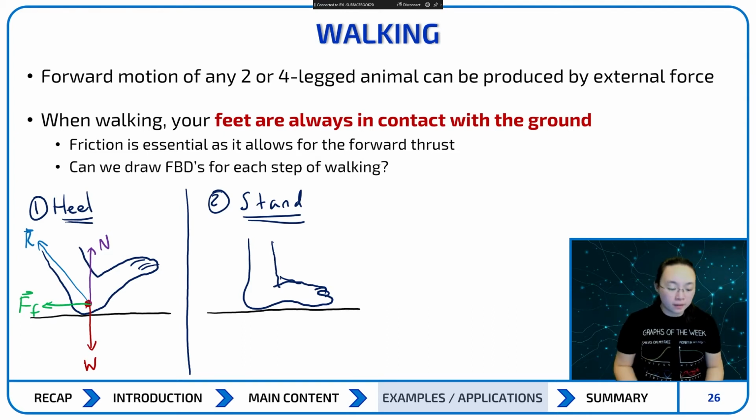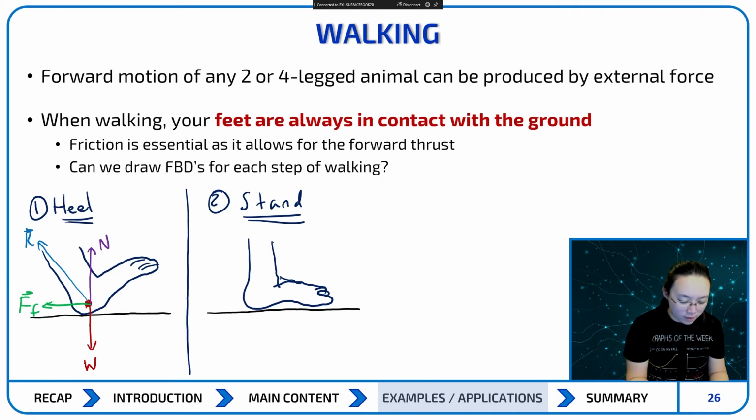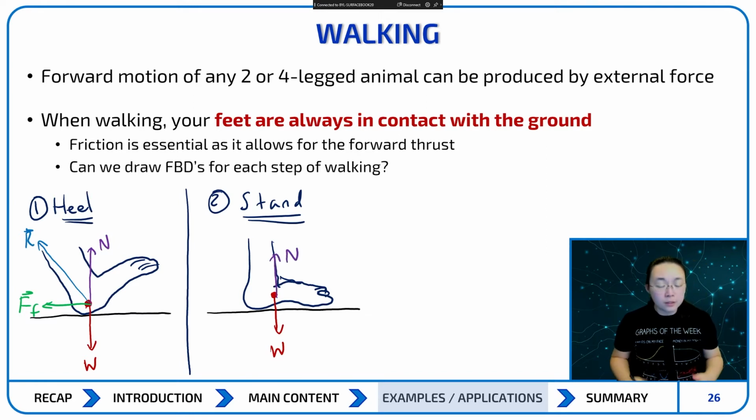So there's the ground, and now for a free body diagram, we can have this dot over here. We have W, and we have N. So in this case, both of those forces are going to balance each other out, because at this particular moment when we're walking, we're actually in a vertical standing position.